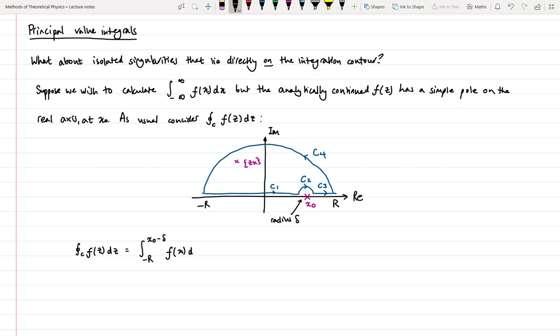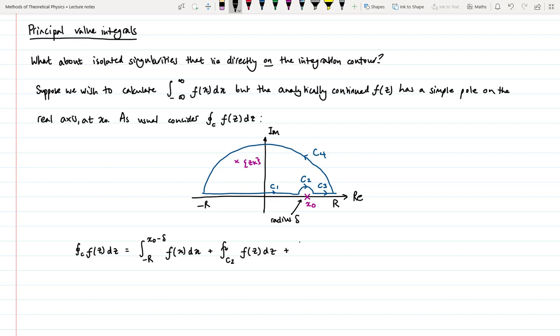This is going to be the integral of f of x dx. Next, the contribution along C2, which I'm going to label with this arrow going clockwise, is an integral of f of z dz.